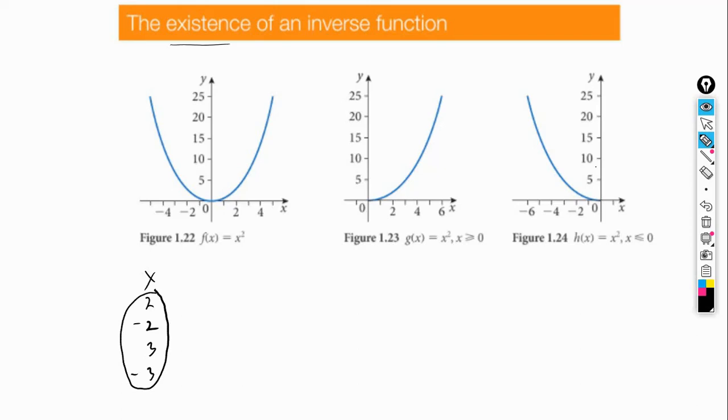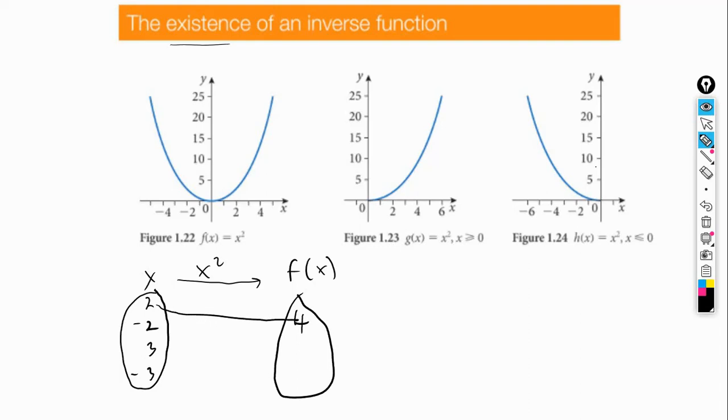And of course, we have to map this through x squared, and that's going to give us f of x. So what happens when we plug in 2? If we plug in 2 into x squared, we're going to get the number 4. So 2 maps into 4.